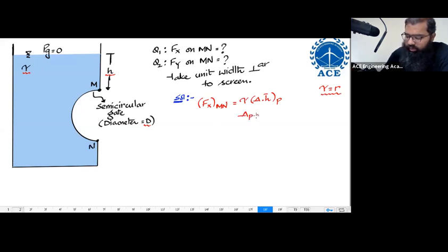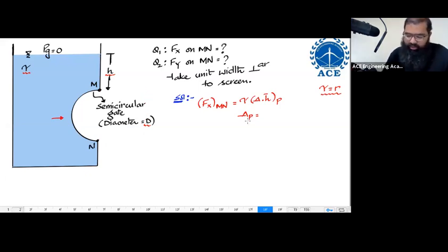Area projected over here is equal to how much? Now this should be very simple. If I am looking from this particular side, m somewhere over here, n somewhere over here, I'm going to get a vertical line. That vertical line, m projected to n projected, will have height exactly equal to the diameter.